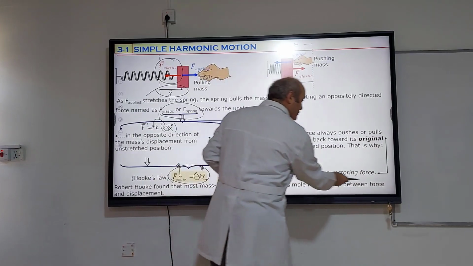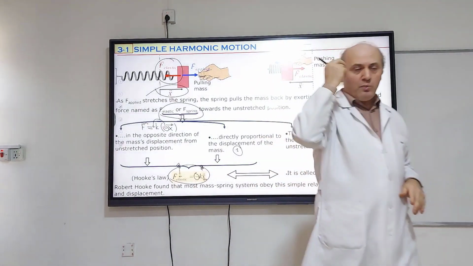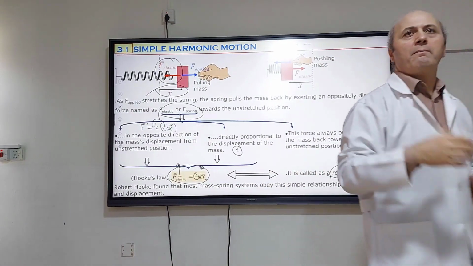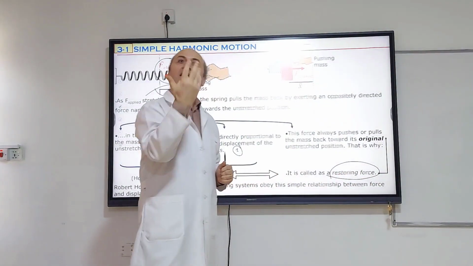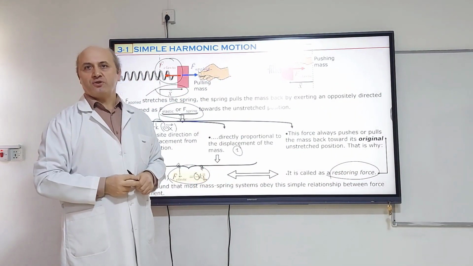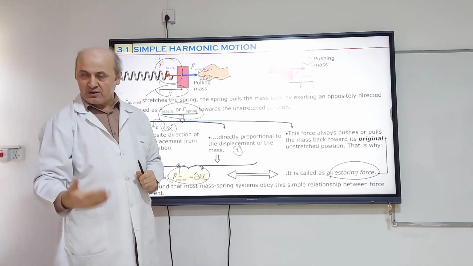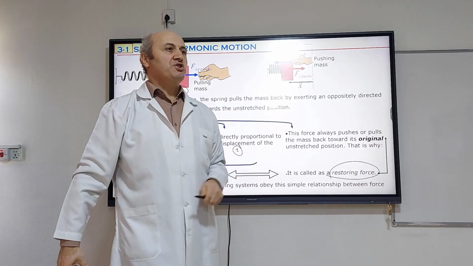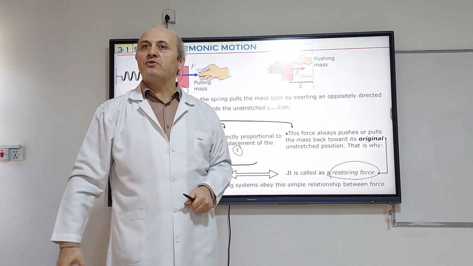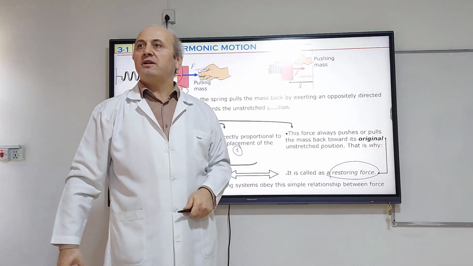And regarding this restoring force, the question might be asked this way: which of the following is the restoring force for a mass-spring system? The elastic force is the restoring force for the mass-spring system. If I ask you a question like this: A, gravitational force; B, normal force; C, elastic force; D, none of them.